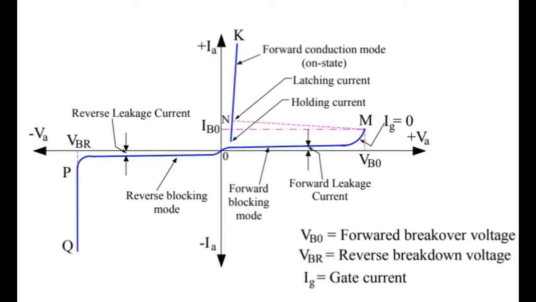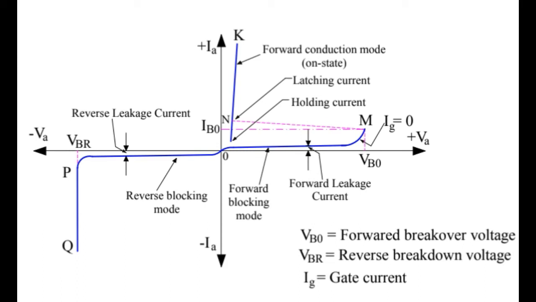This is the characteristics of SCR. If you observe from this graph, VBO is nothing but forward breakover voltage. Till the forward breakover voltage, there will be small leakage current. Once voltage reaches the forward breakover voltage, the thyristor will start conducting. The amount of current required to turn on the thyristor is called latching current.